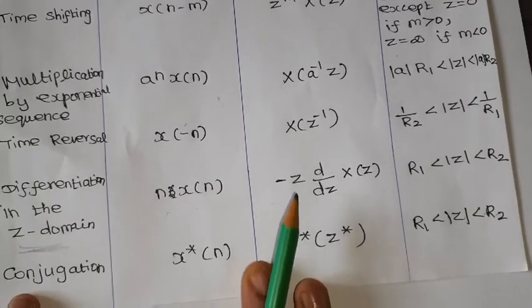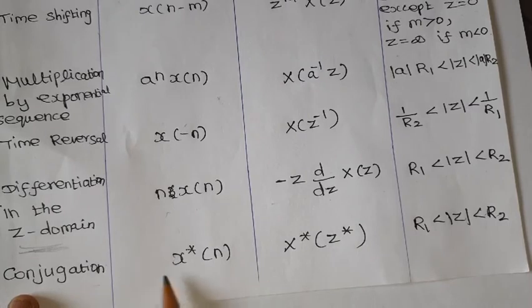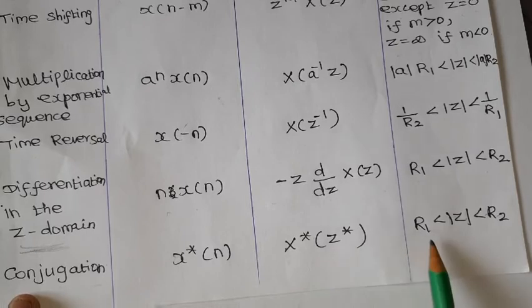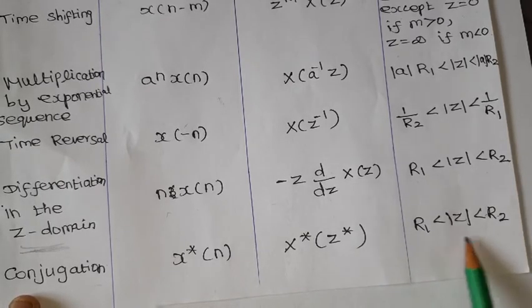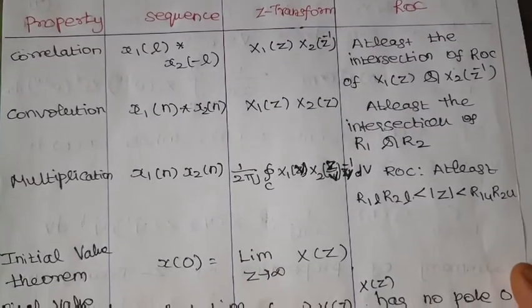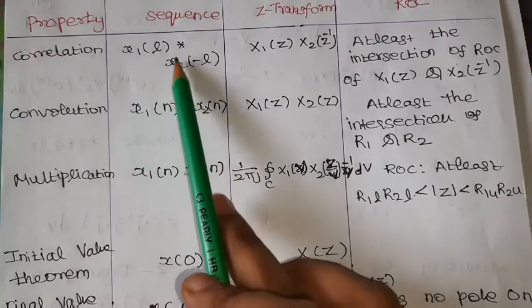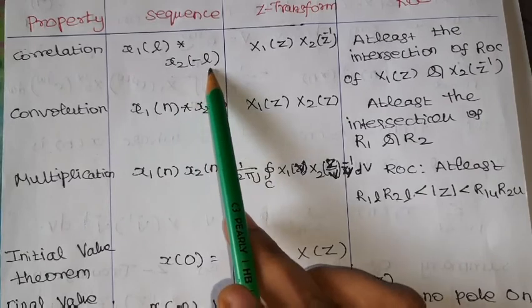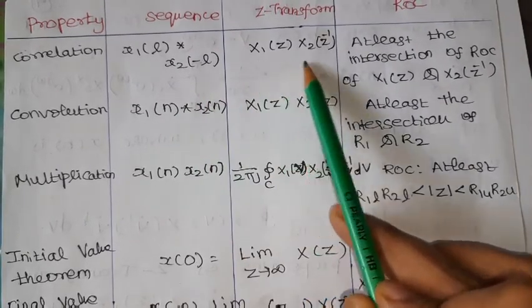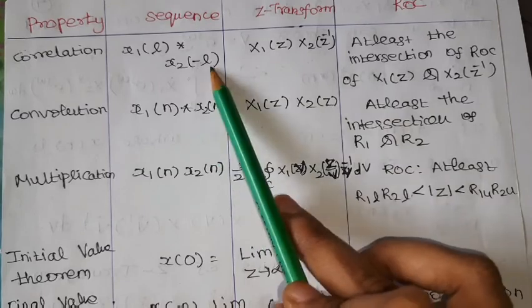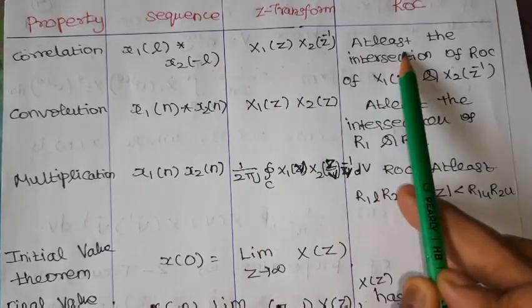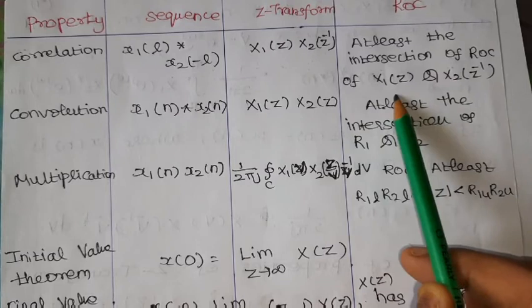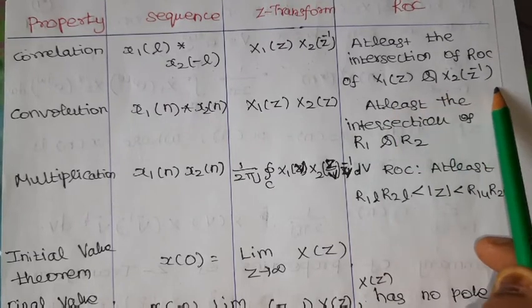Next, the conjugation property: x star of n is equal to x star of Z star, with ROC R1 less than mod Z less than R2. Next, the correlation property: x1 of l convolved with x2 of minus l gives x1 of Z into x2 of Z inverse, because it is minus l, with ROC at least the intersection of the ROC of x1 of Z and x2 of Z inverse.